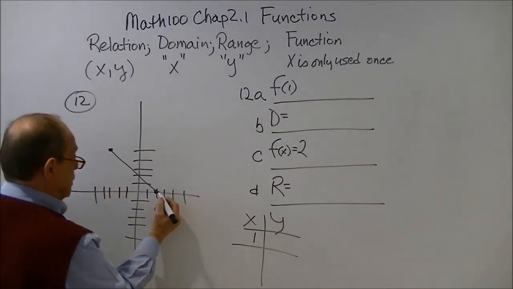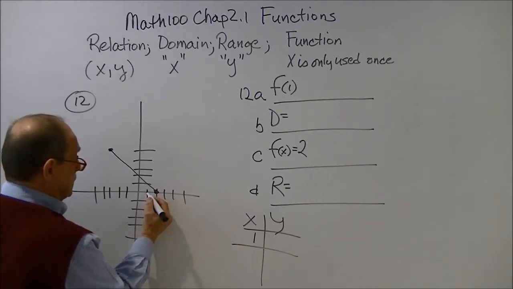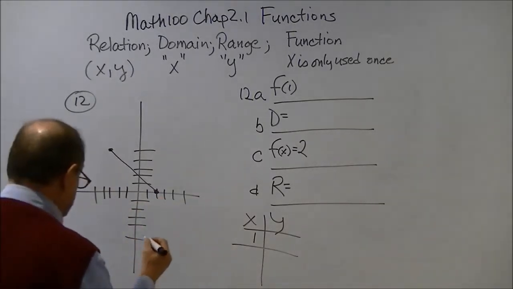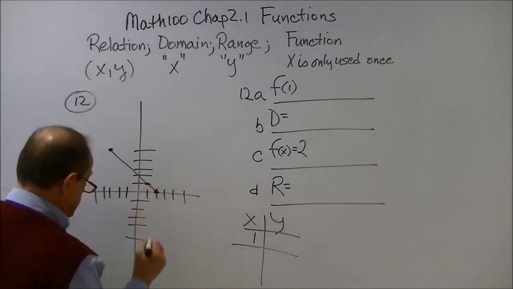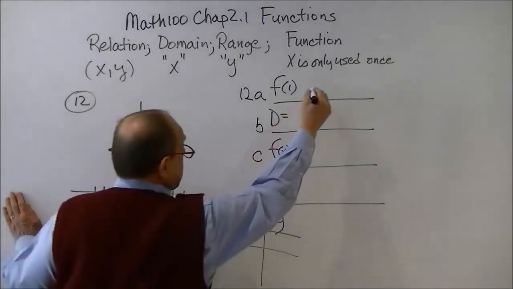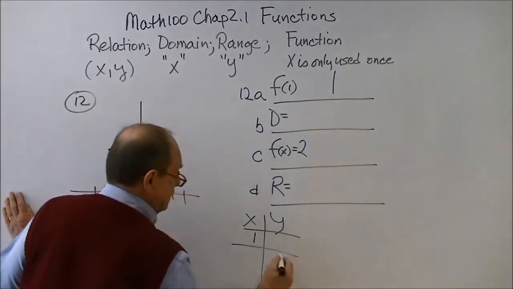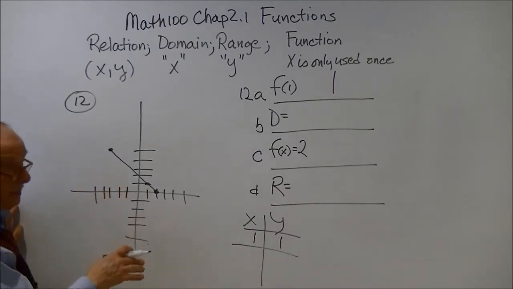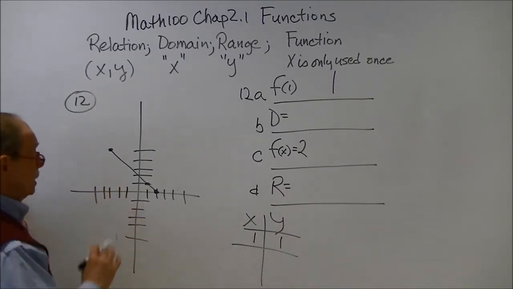Well, we go to our chart. X is 1. And it shows a little bit there. So if x is 1, y is actually 1. So 1 is the answer. And again, I didn't make my graph as carefully as the one in the book, but it's pretty close.